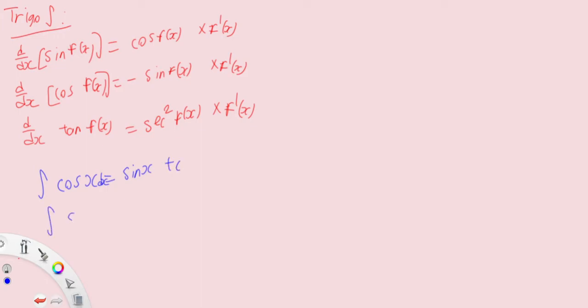If I were to integrate sine x, I'll get back minus cosine x plus c. If I were to integrate secant squared x dx, it will give us back tangent x, again plus c. So you notice it's kind of the same thing, right? It's basically the opposite of differentiation.